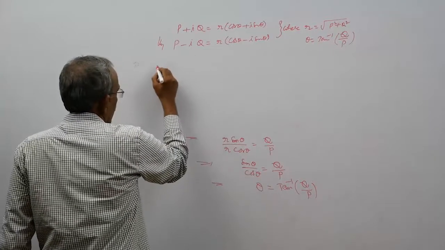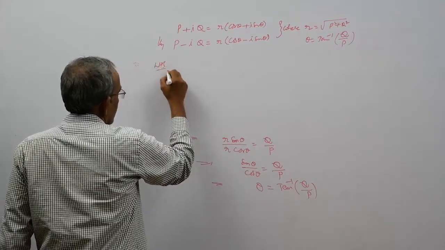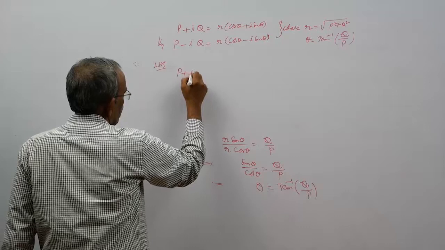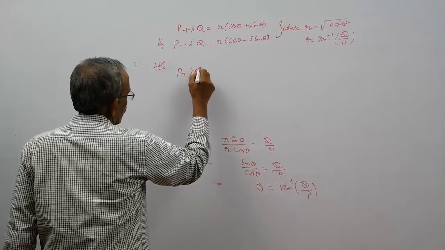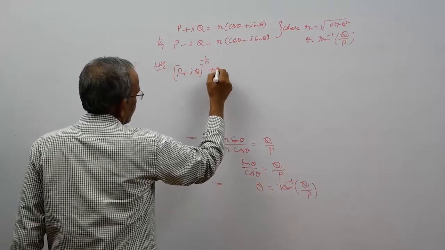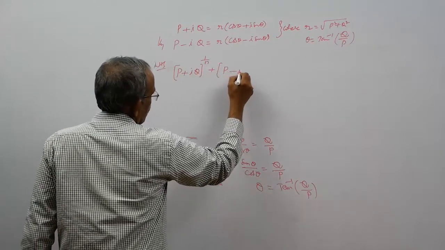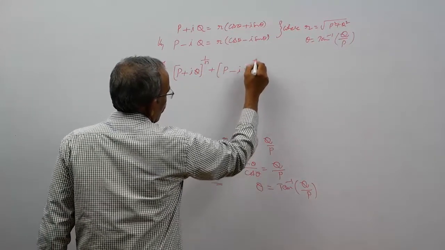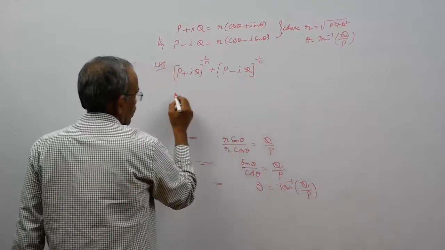Now we take the LHS of the problem. LHS is equal to (p plus iq) whole to the power of 1 by n plus (p minus iq) whole to the power of 1 by n.